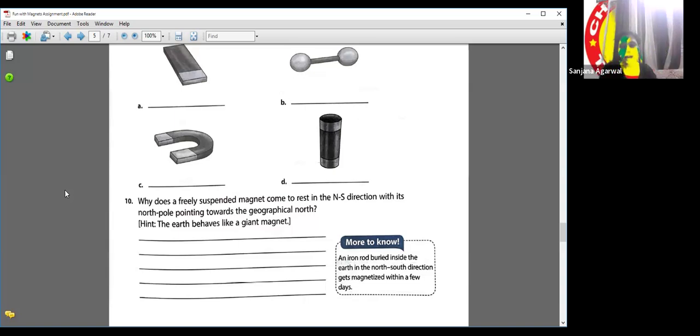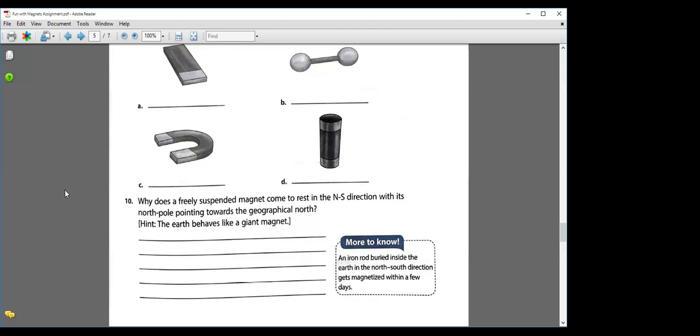Now another bar magnet, a very small one. If we make it rest, will it point to geographical north-south or magnetic north-south? It will be attracted to magnetic north-south. Yes. Answer the tenth one.